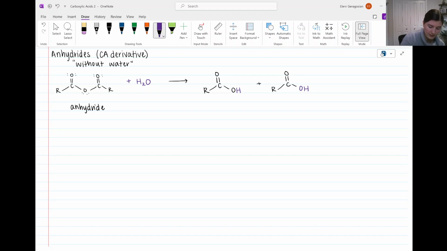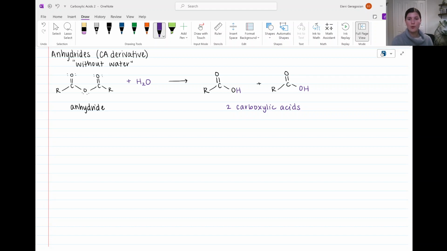So two carboxylic acids. So an anhydride, that molecule without water, if it is exposed to water, it can form those carboxylic acid molecules.